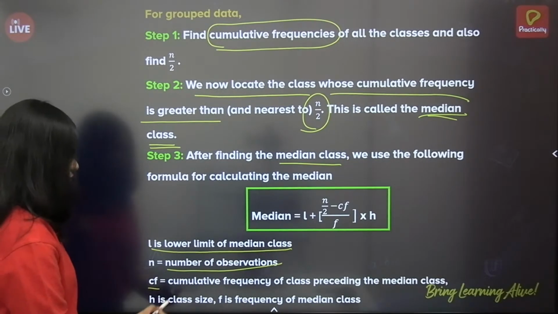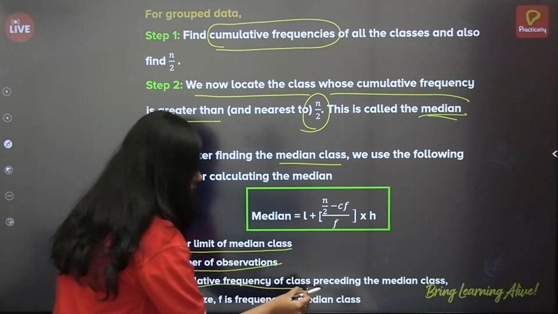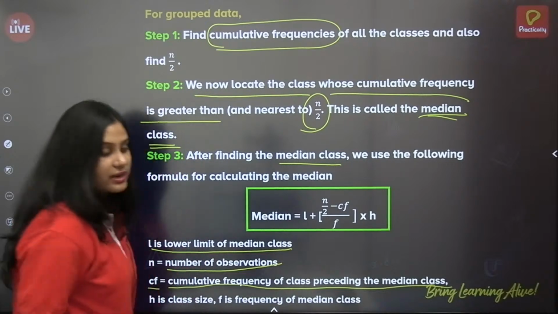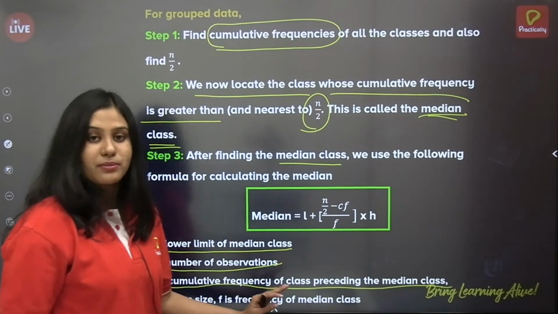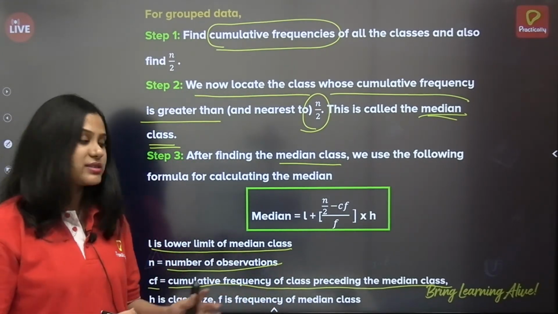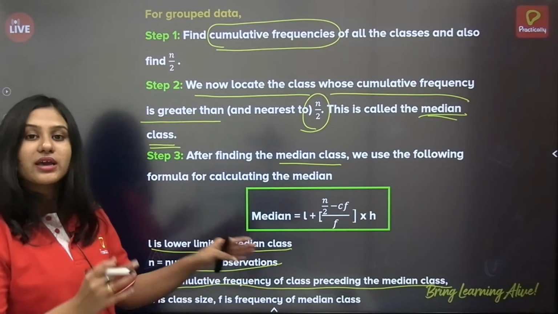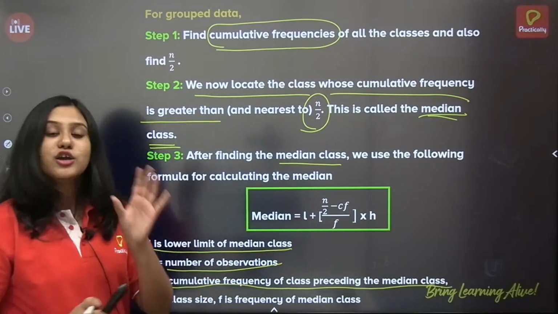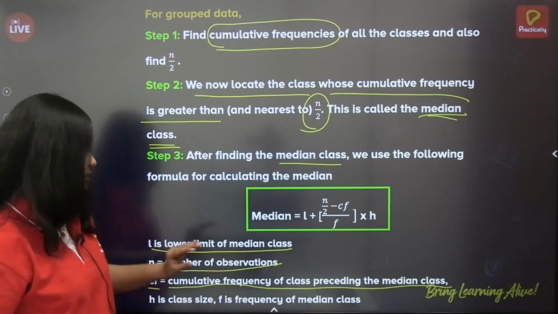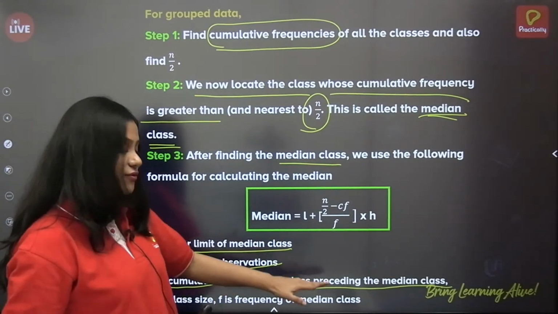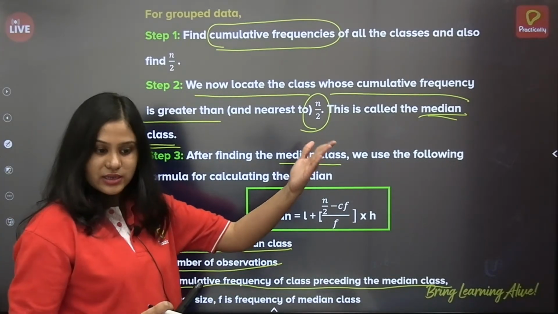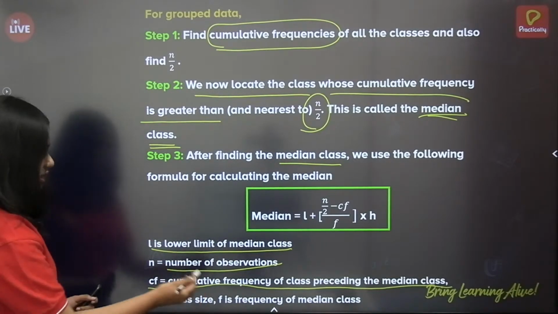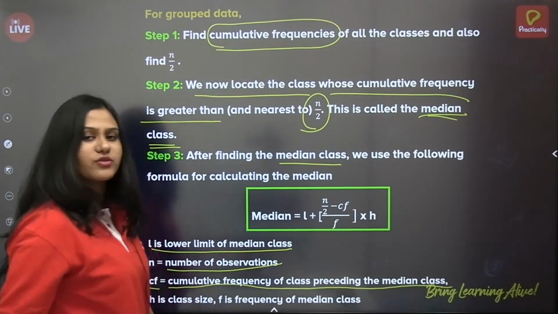What is CF? Cumulative frequency of the class preceding the median class. Always remember this, because when I was in class 10, I made this mistake and took the CF of the same median class. You shouldn't take that of the same median class. It is the cumulative frequency of the class preceding the median class. Next, H is the class size, F is the frequency of the median class.